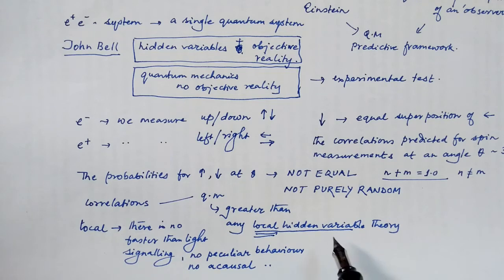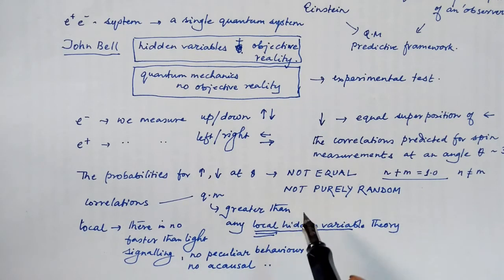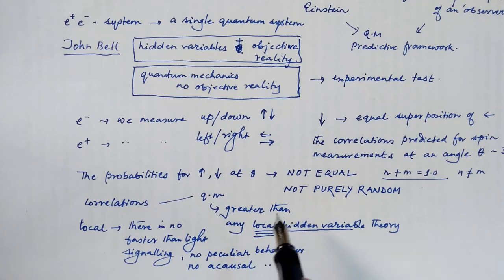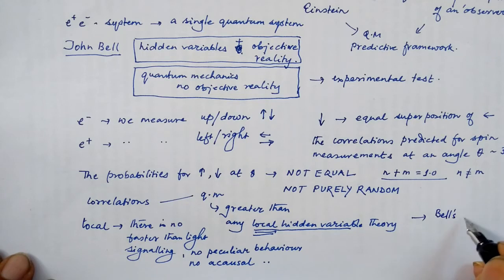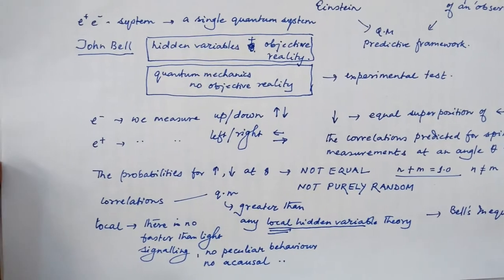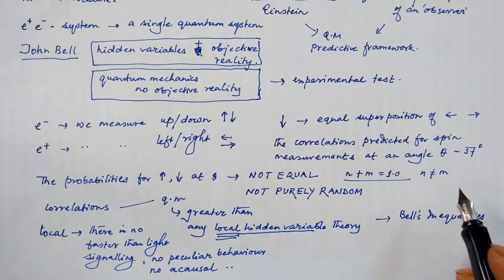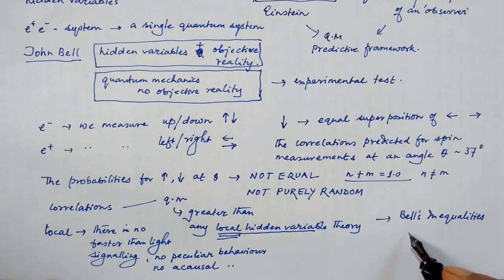Very unfortunately for Einstein, and there were other co-workers like Alain Aspect and many others, this famous series of experiments demonstrated that Bell's hidden variable inequalities, certain inequalities known as Bell's inequality, are violated.